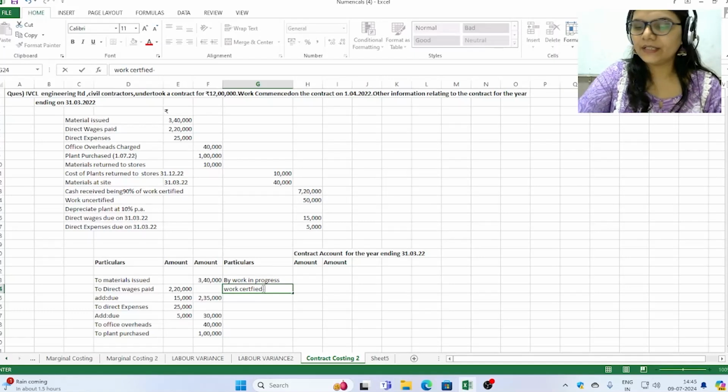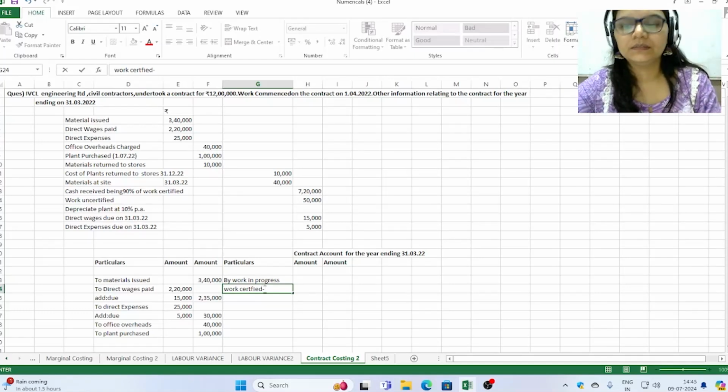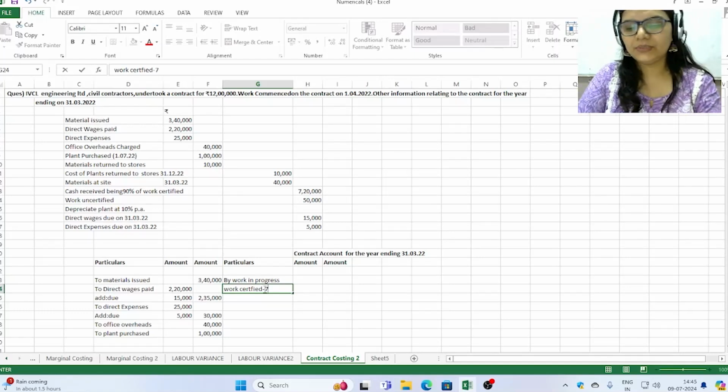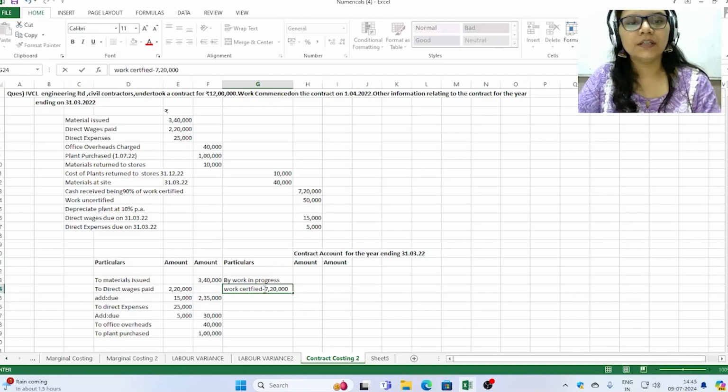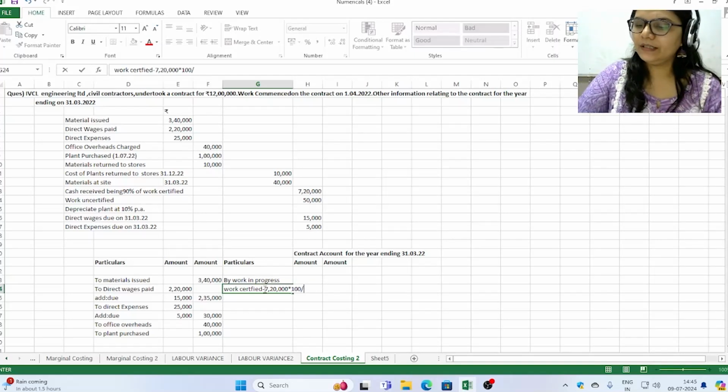Work certified is calculated as 7,20,000 into 100 by 90.